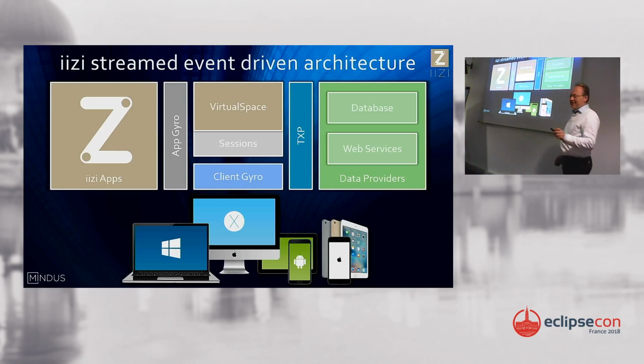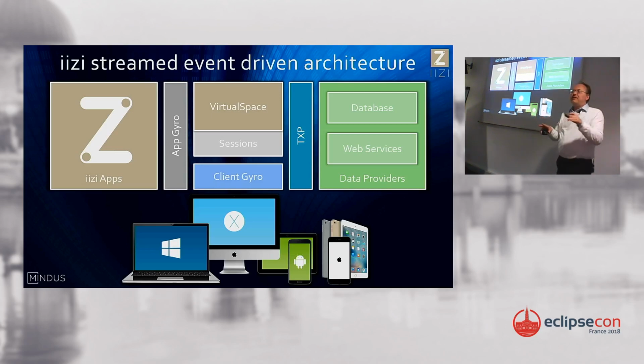So the general architecture, just to go through quickly. The VirtualSpace is the central part where you build your applications. This is a data modeling. We'll come into that. After that, you've got virtual sessions. One virtual session is probably what we ran all together now, and then we had multiple client devices connected to a client gyro.